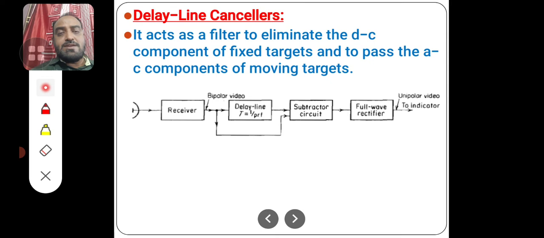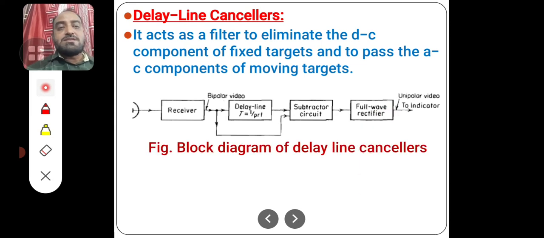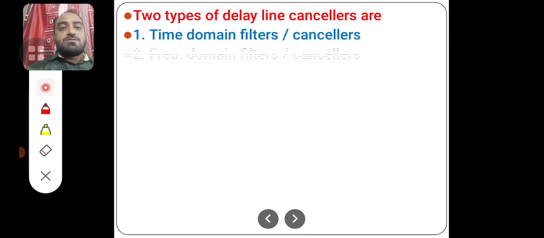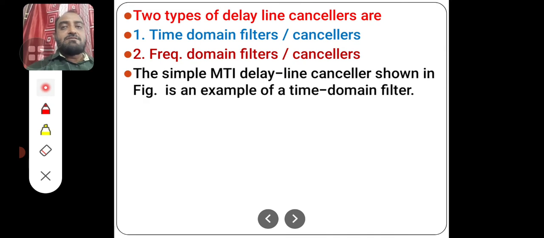The magnitude of the velocity of the target may also be estimated by just seeing the magnitude of the difference or the magnitude of the echo pulse. This is how delay line cancellers help us to understand moving targets. These delay line cancellers are of two kinds.